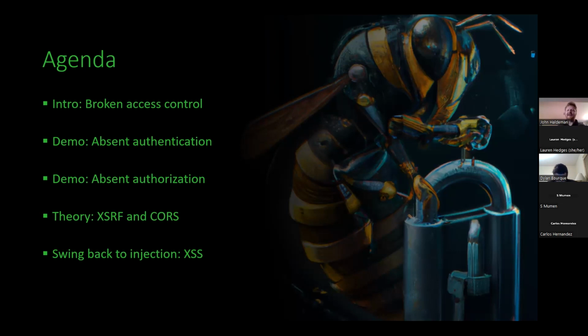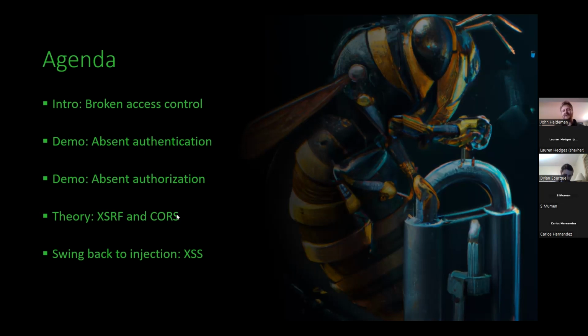Last month we showed it was susceptible to a whole bunch of injection attacks. We'll do another injection attack near the end of the presentation because we ran out of time last time: cross-site scripting, which is like client-side injection. Today we'll look at how Chatsploit doesn't have very good authentication enforcement, and how it doesn't have very good authorization enforcement.